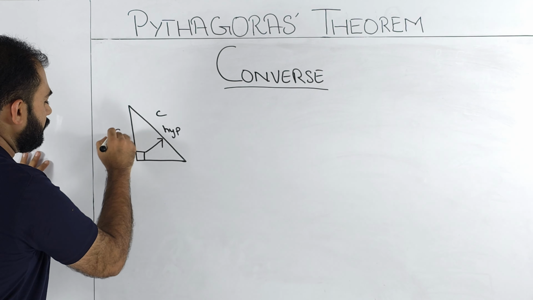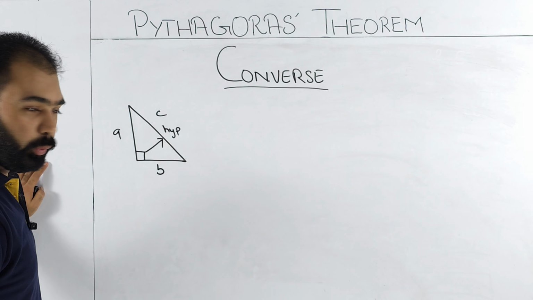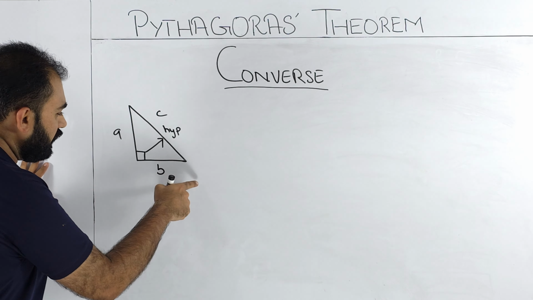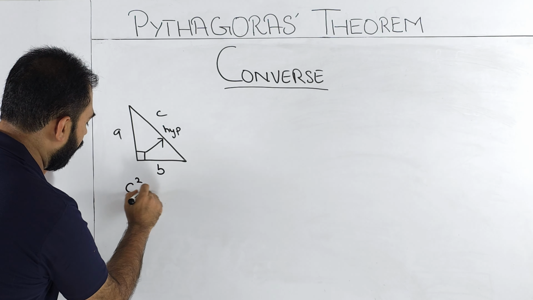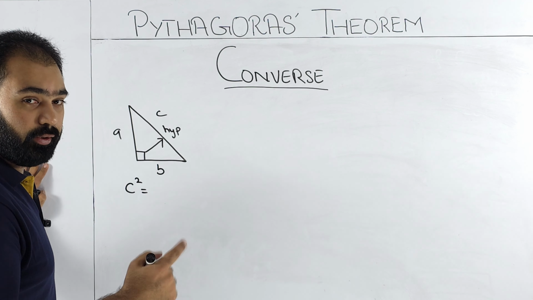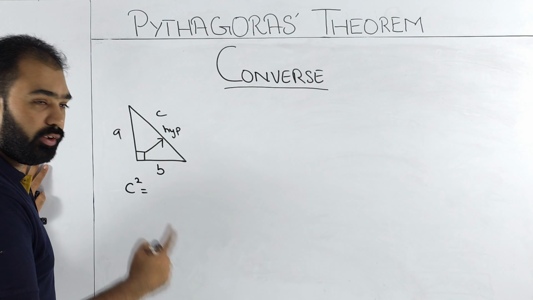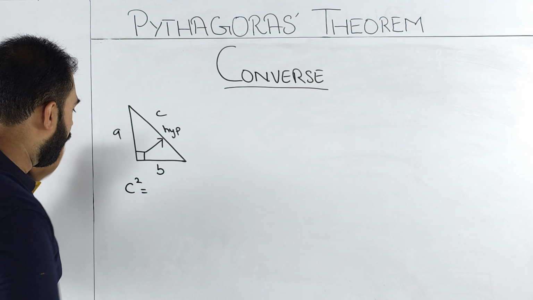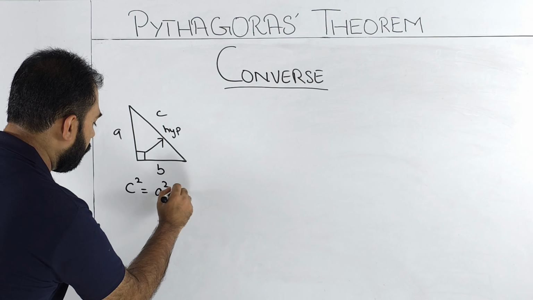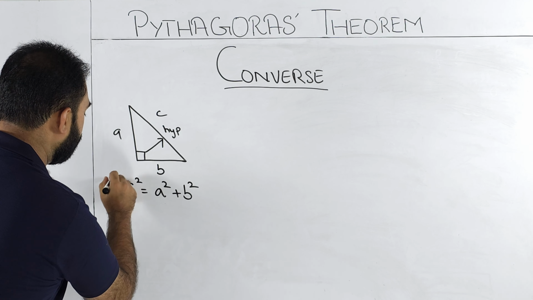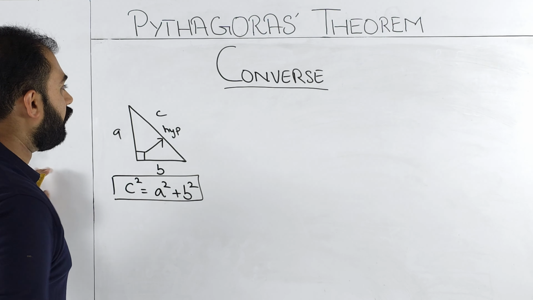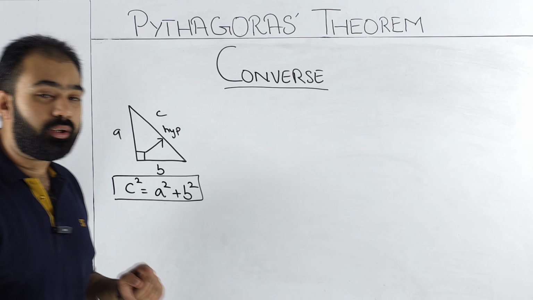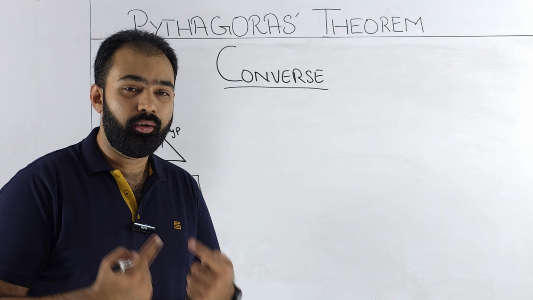Suppose this is C, this is A and this is B, which means C squared, hypotenuse squared, according to the theorem, is equal to the sum of the other two legs squared, which is A square plus B square. This is our Pythagoras theorem. Now the converse should also be true.